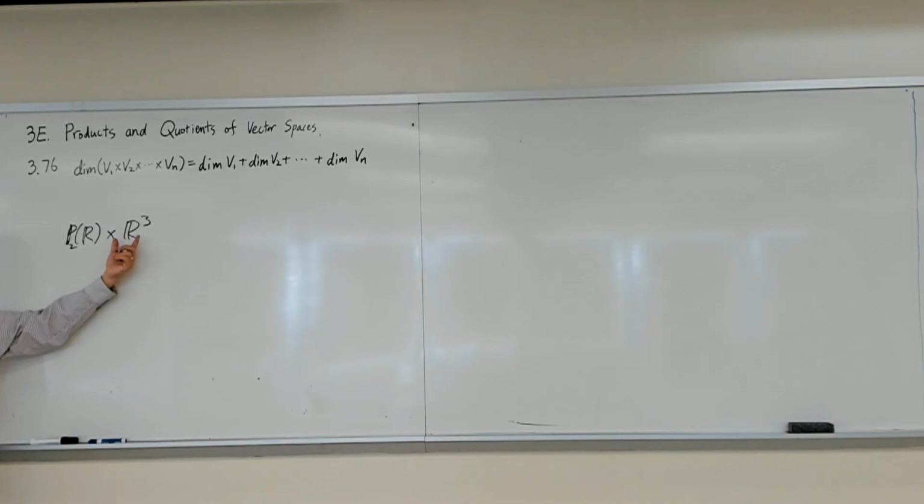Whereas this is 3, and that's also 3, because this one has A1, A2, A3, B1, B2, B3, so individually they're dimension 3. So you can see that even here, the dimension of the product space is 6 because it's 3 plus 3. And that's just a generalization of what we just observed here.